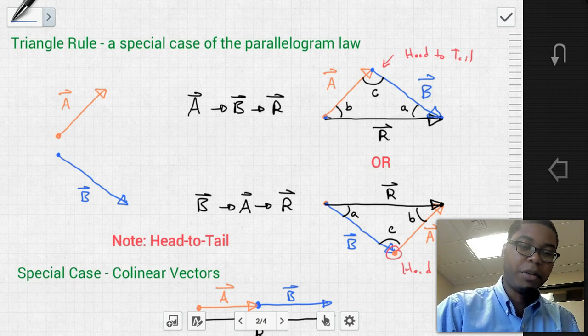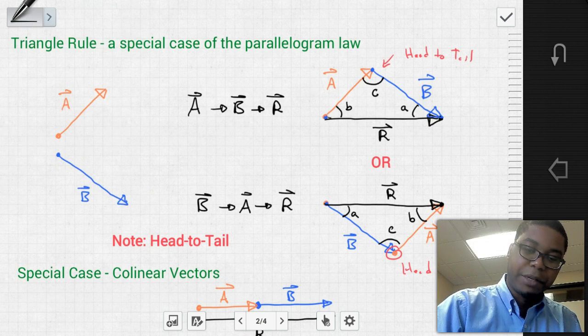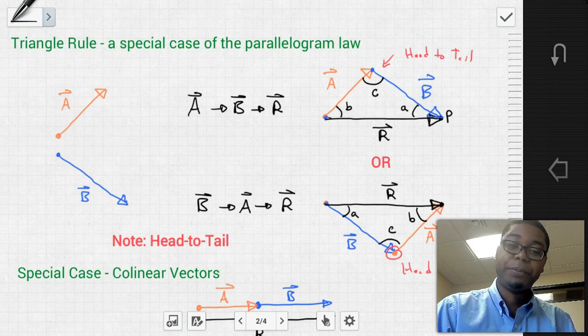So in version 1, we start with vector A. So we draw vector A. And then we connect the head of vector A to the tail of vector B. So we move vector B to the head of vector A, and we've drawn vector B. Now the endpoint of vector B can be called point P.